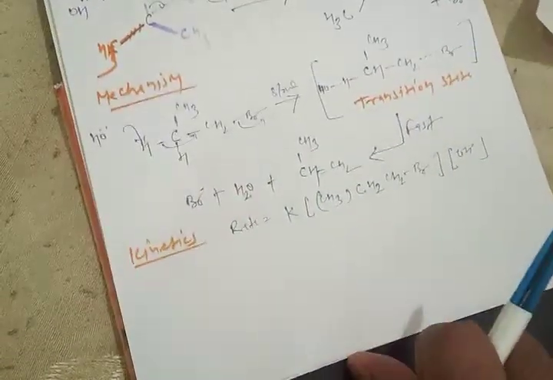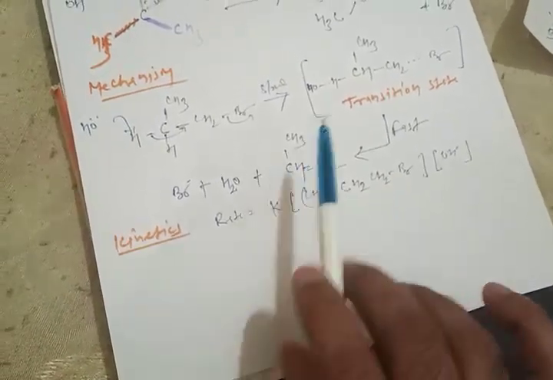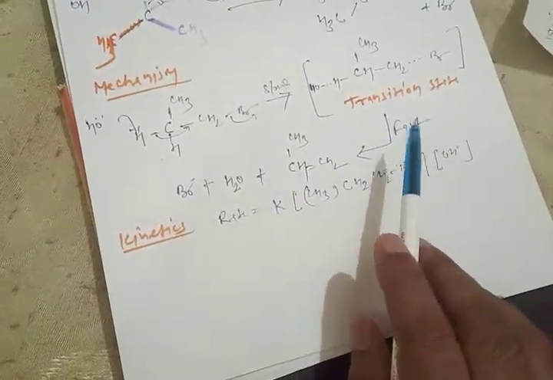Both reactants are important here. All bonds break and form in a single step, so this is a one-stage process, just like SN2.